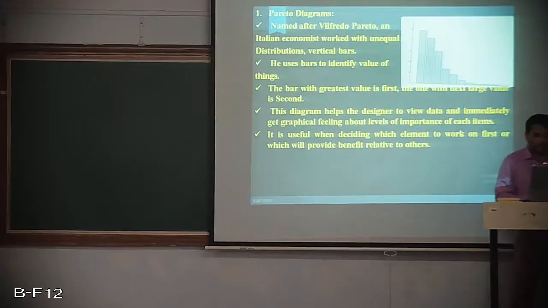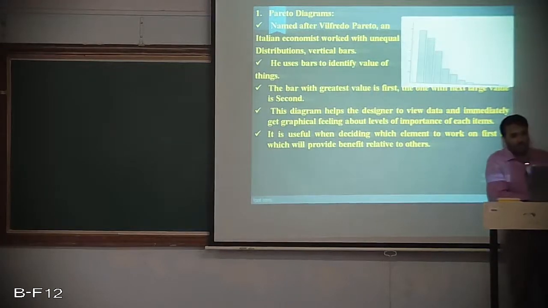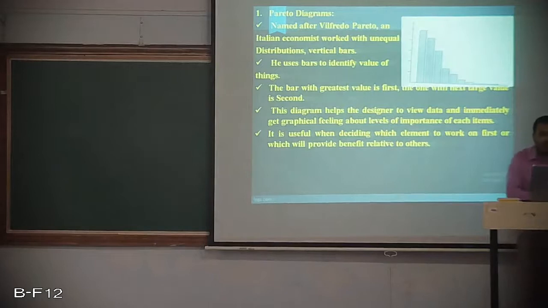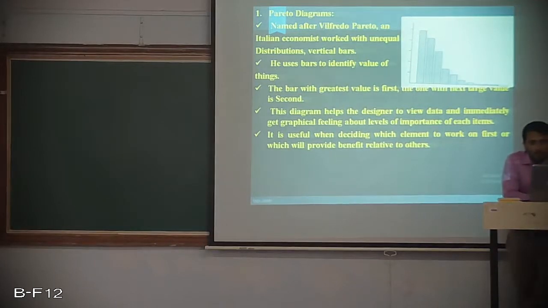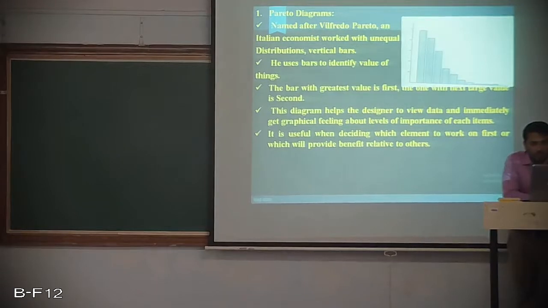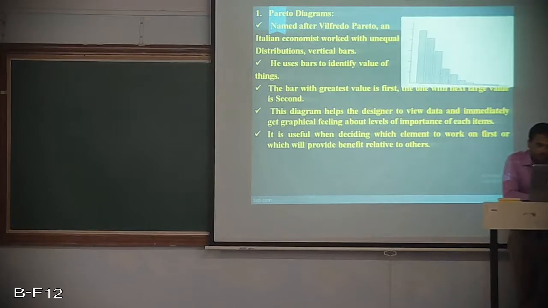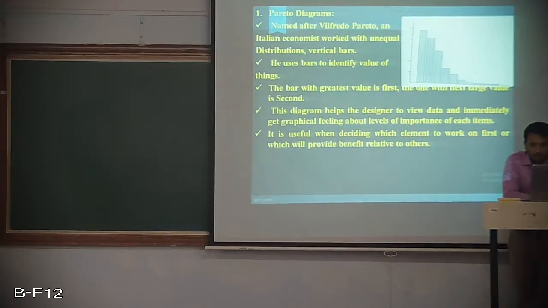First, we are discussing them serial-wise. The first one is the Pareto chart, named after Vilfredo Pareto, an Italian economist who worked with unequal distribution using vertical bars. He uses bars to identify the value of things. The bar with the greatest value is first, the one with the next larger value is second.